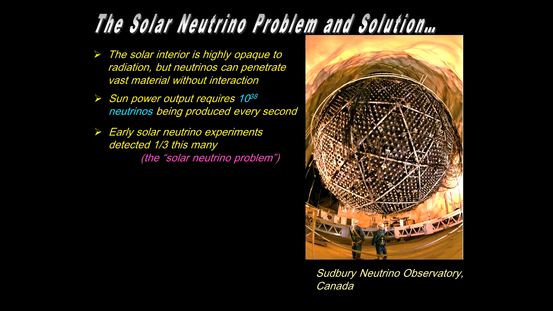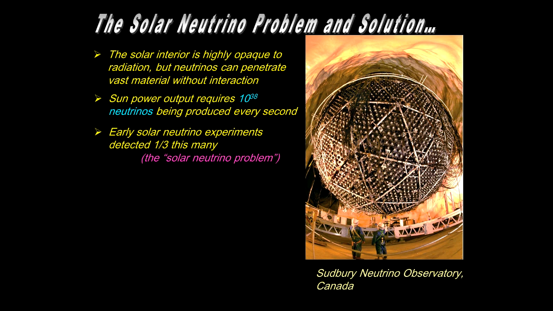Well, the early experiments detected only about 1/3 of the amount of neutrinos needed to be consistent with the theory of fusion delivering the energy that the sun is producing. So it was called the solar neutrino problem.